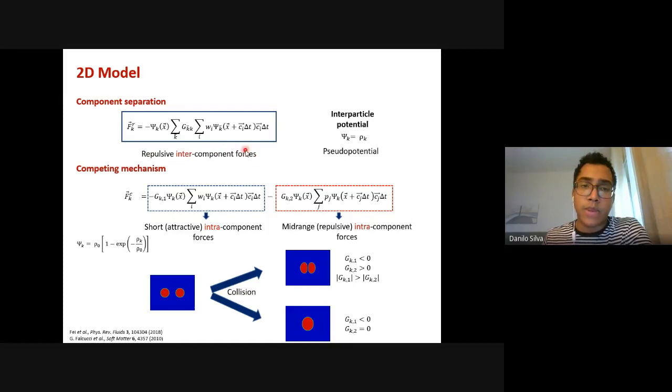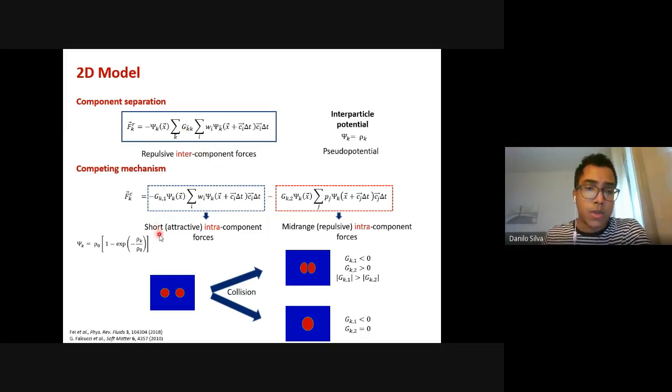We want a repulsive interaction to separate these fluids, so we want G to be positive, giving a repulsive interaction between the two components.